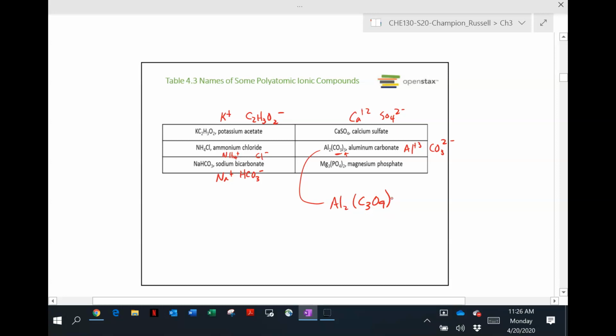We don't usually write it that way, but that's what that's implying, that we've got 3 of everything in that group. Everything in that parentheses has got a -2 charge. 3 of them is -6. 2 times the +3 for aluminum is +6, so the principle of electrical neutrality is maintained. Magnesium phosphate here, magnesium is +2, phosphate PO4 3-. So that's how we arrive at those. And again, note the use of the parentheses.